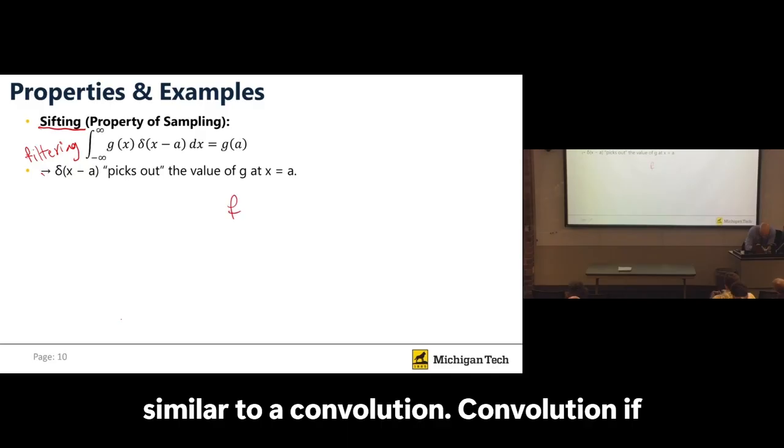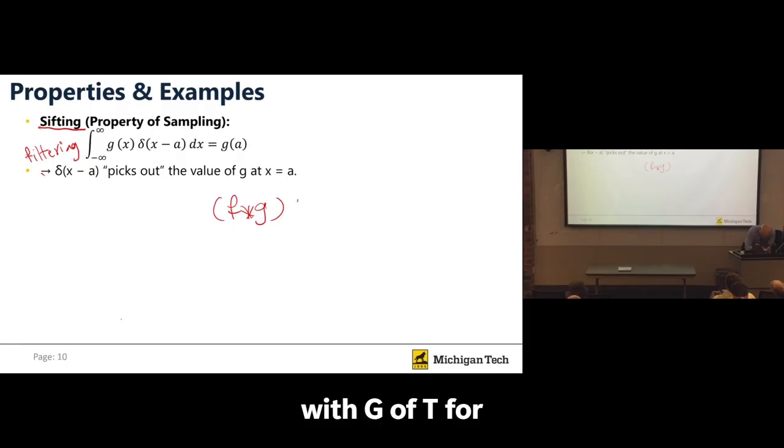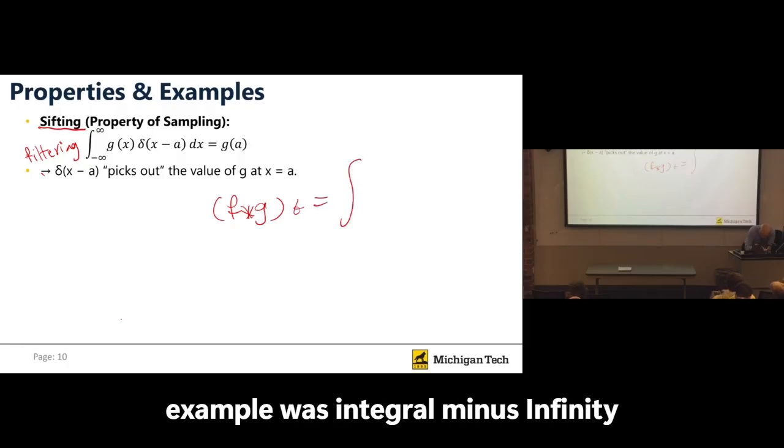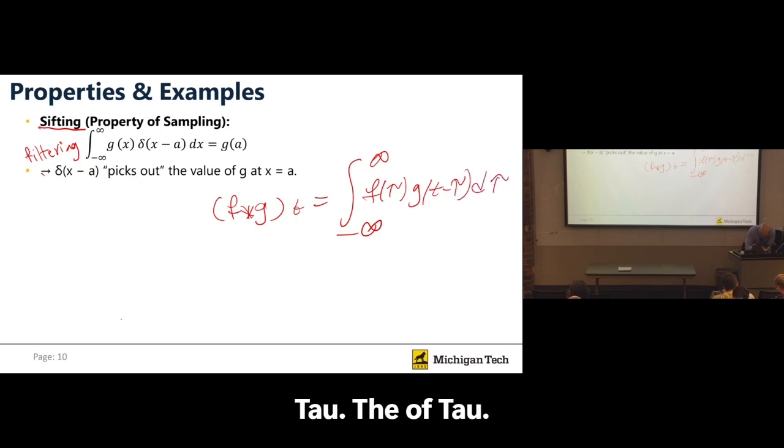If you remember, f convolved with g of t is the integral from minus infinity to infinity of f of tau, g of t minus tau, d tau.